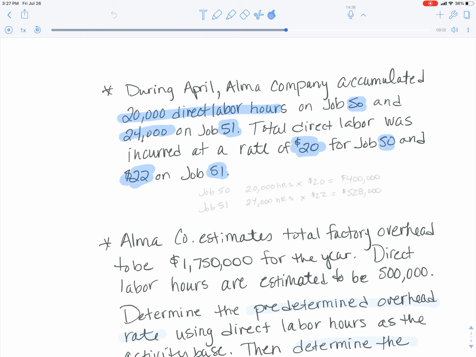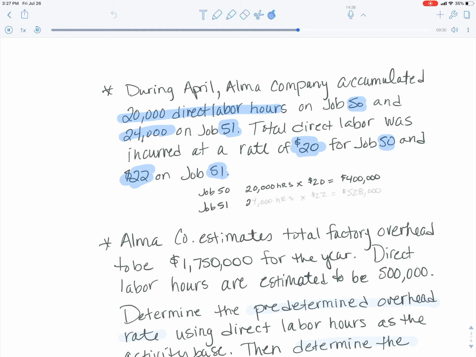So what we would need to do is multiply the hours worked. So let's say job 50, we had 20,000 hours times how much we paid them per hour, which was $20. So that's $400,000 for job 50.